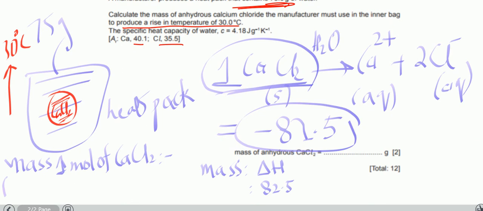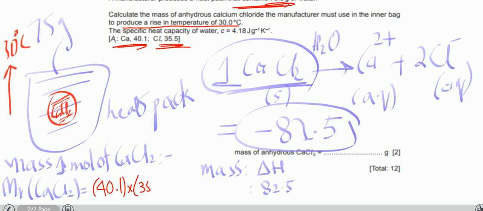Obviously we're gonna take the Mr of calcium chloride. We have some of the values already: calcium is 40.1 and chlorine is 35.5. So for calcium we're going to take 40.1 and for chlorine 35.5 into 2, sorry, wait a sec, this isn't supposed to be multiplied, it's supposed to be added.